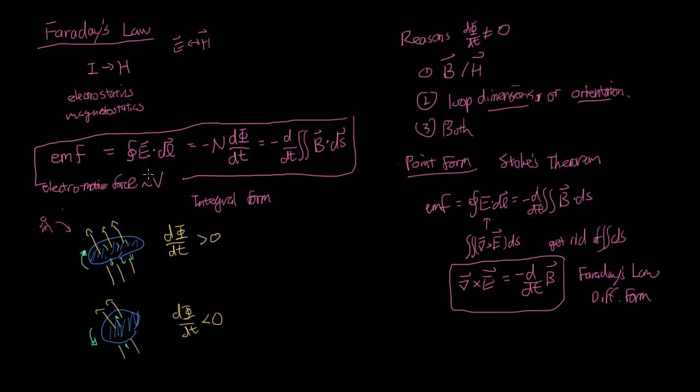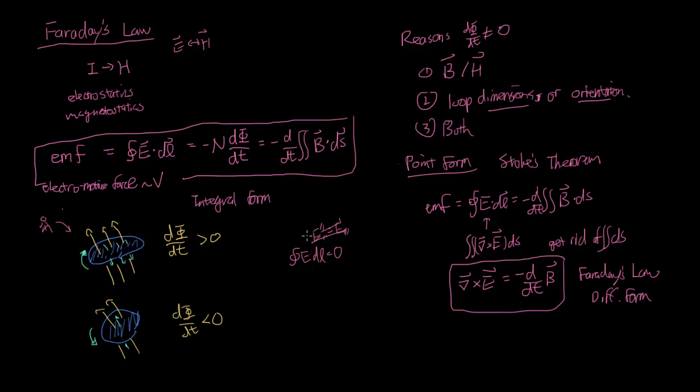So as a quick tie to the previous concept, remember before we had talked about how the closed loop integral of E dot dl is going to be equal to 0, right? Indeed, that was how we came up with the boundary condition that the tangential field across two materials is going to be continuous, because we use this fact. But remember, that is in the case of electrostatics land, which we are no longer in, because we are now talking about situations where the field changes.